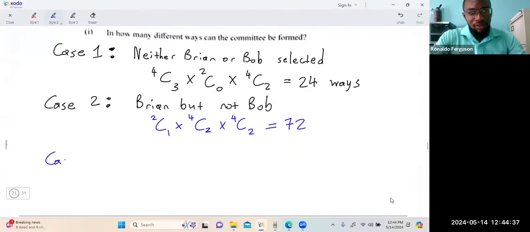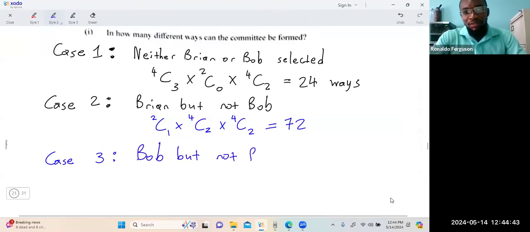Then case 3 now is Bob, but not Brian. We have to ensure that the 2 of them are not serving together. So we choose Bob, but not Brian. You know what? Let me reconsider the 2 choose 1.